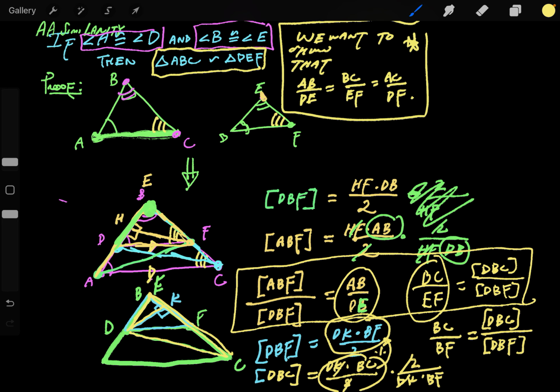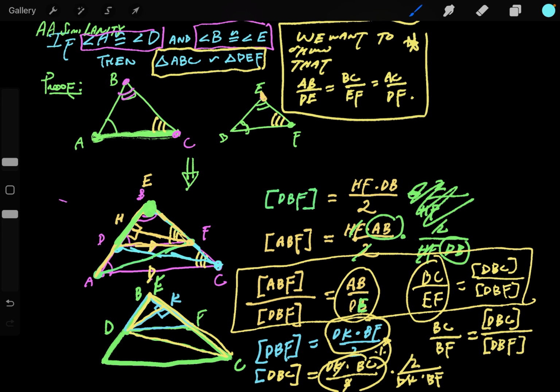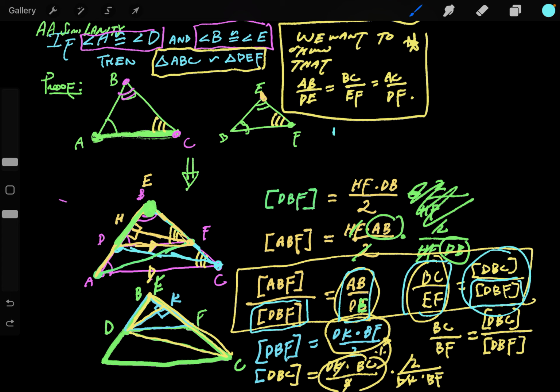And that just entails, since both of these are equal, we just need to show, since the area of DBF is the same on the bottom, the denominators are the same. If I want to show equality, I don't know if they're equal yet. I want to show that these two are equal, so I get this ratio being true here.